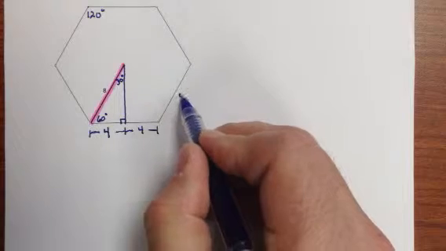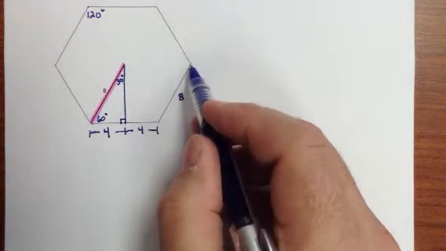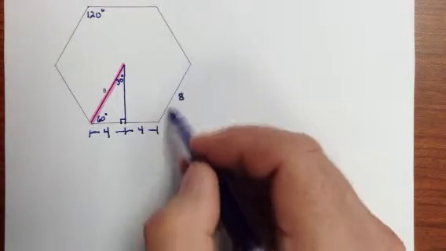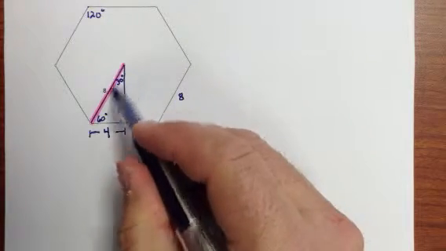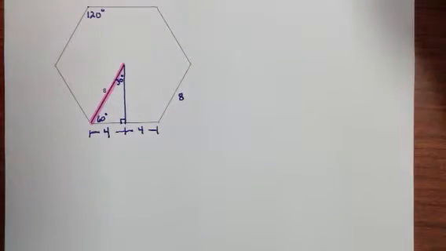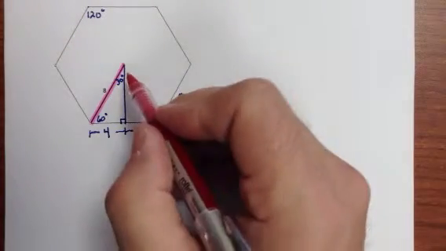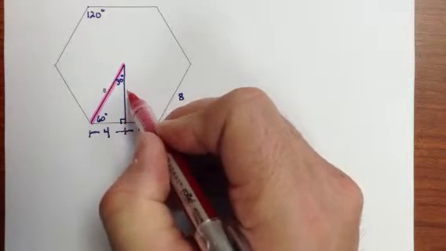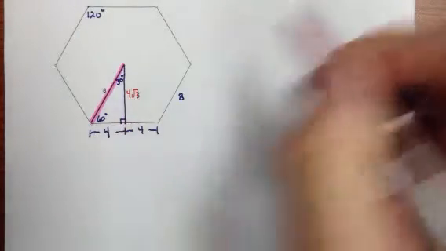So we know that s is equal to 8. Yes, it's no coincidence that the side and the radius of a hexagon will always be equal. That is always true.